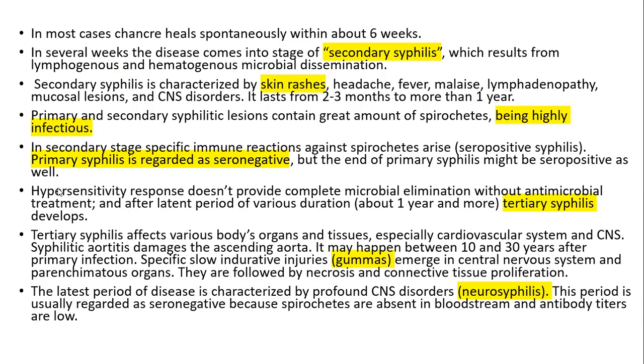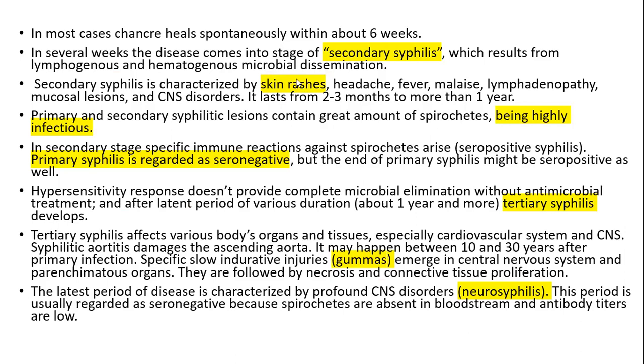Primary and secondary syphilis lesions contain a great amount of spirochetes, being highly infectious, especially secondary syphilis. In primary syphilis, treponema is present only at the place of infection, only in the hard chancre. But in secondary syphilis, treponema is present in all body fluids, because treponema goes to the blood and disseminates to all organs and tissues.